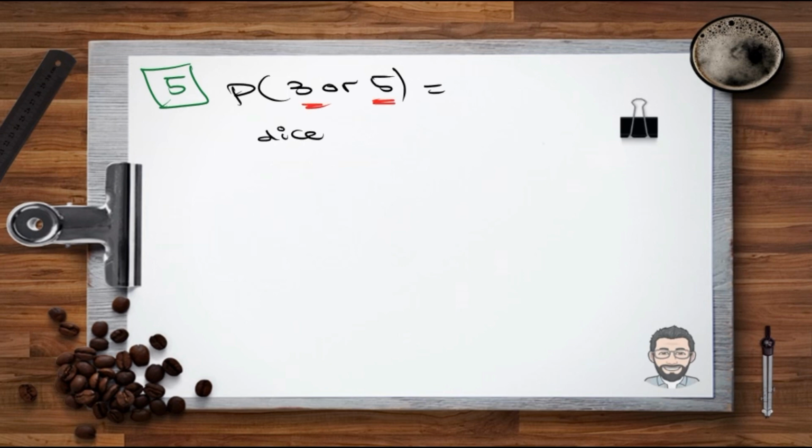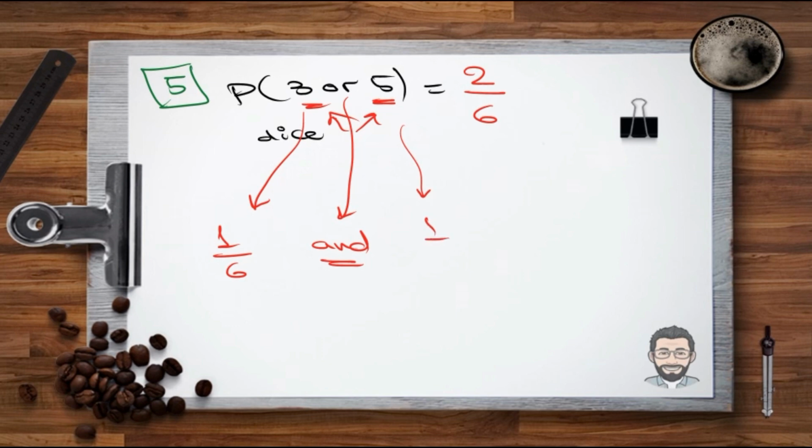It's up to you to get the answer here or here. So you have 2 answers out of 6 answers. So if I have this word which is or, what you're going to do means and. Okay, it means add the answers together. So this is going to be 1 out of 6. This is going to be 1 out of 6. So when we add them, and means plus, so it's going to be 2 over 6 finally. If you want to simplify it, it's going to be better to write 1 over 3.